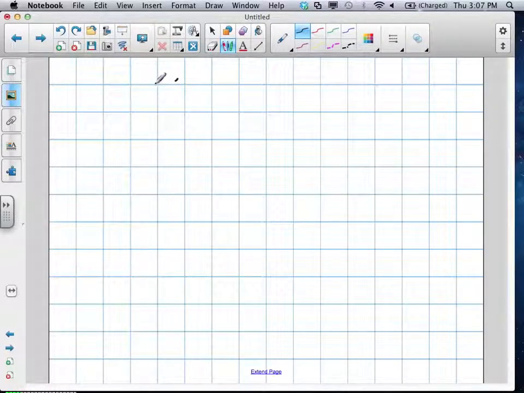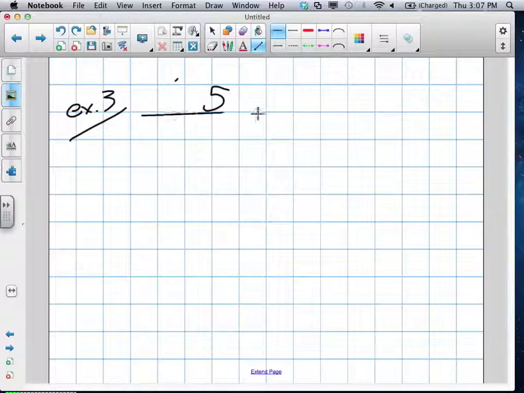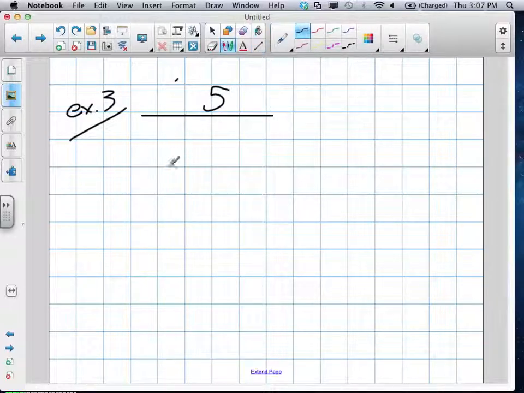Example 3. They've given us a similar type question. This one is kind of like a combination of the first and second one. We have the number 5 on top of a fraction, and the denominator of the fraction reads 2 root 6 plus 3. Same idea as before.